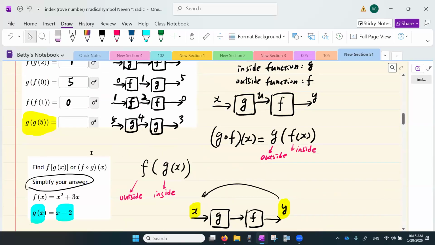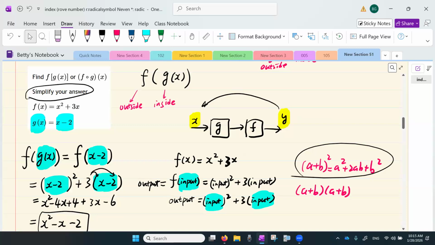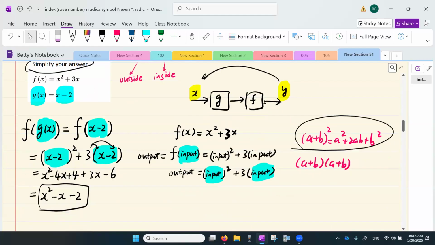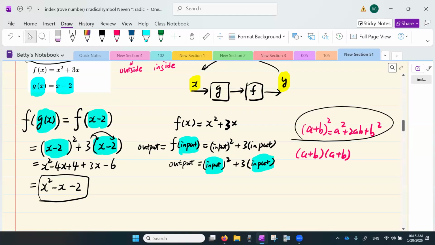So now we have f of g of x found. All right, so that's how we find this function. To expand this problem a little more, what if they want you to find g circle f of x? Would you be able to find it?